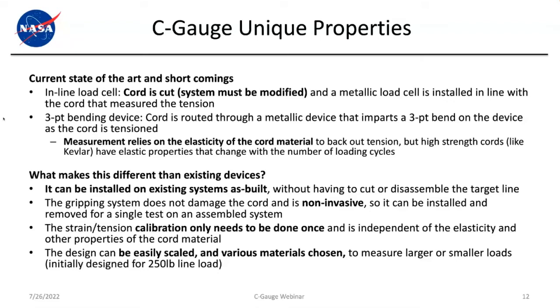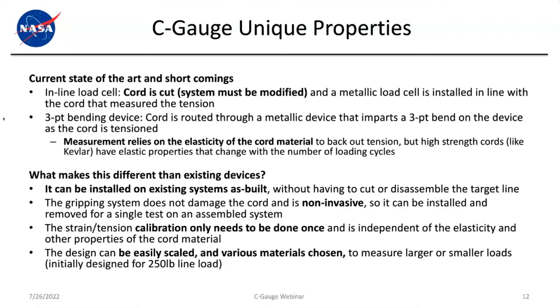That will break your configuration if you're in some type of qualification campaign. It might also affect your actual measurements since you are modifying the lengths, the weights, the densities of your system. There's also 3-point bending devices, but that relies on the elasticity of your cord, the other material properties, and how the cord interfaces with your 3-point bending device.